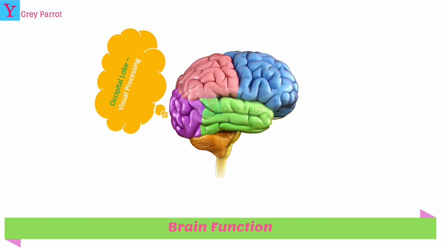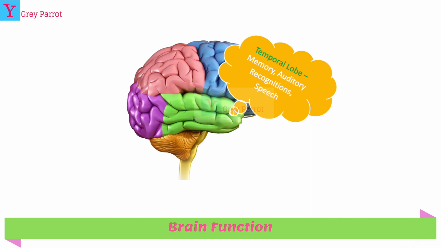So what I really mean is that if you see something, your eyes send a message to your brain immediately. The last lobe, the temporal lobe, is used for memory, auditory recognition, and speech.